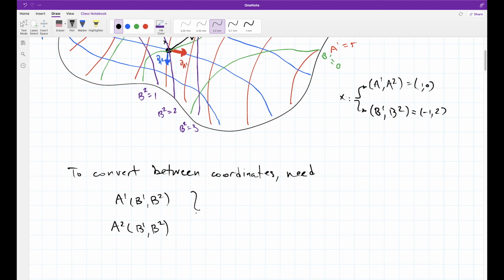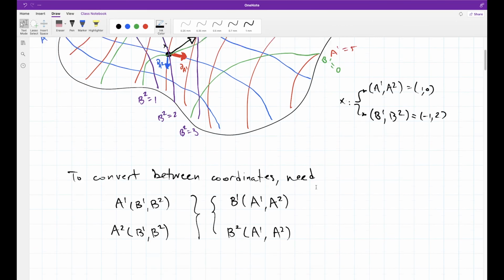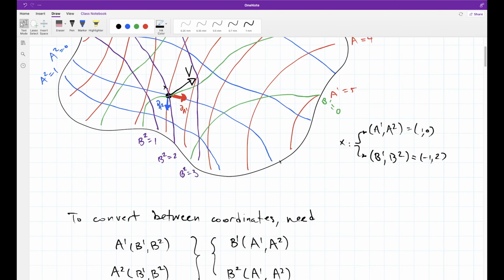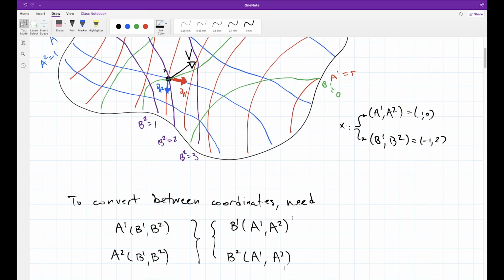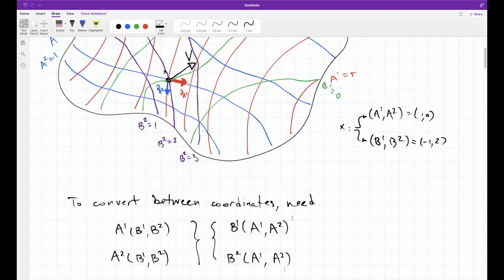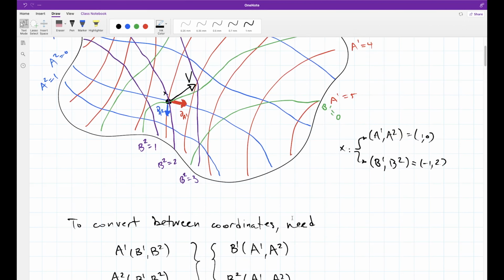And on the other side, we need B1 and B2 thought of now as functions in terms of A1 and A2. And for any set of two good coordinate systems, these functions will all exist. So there will be invertibility basically between the two. And I won't get into that too completely because it should follow relatively easily.